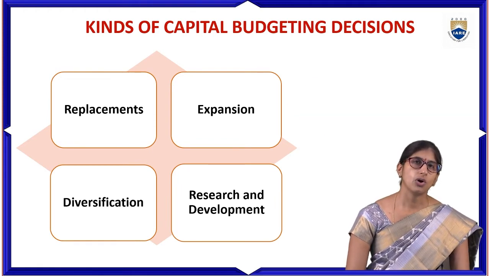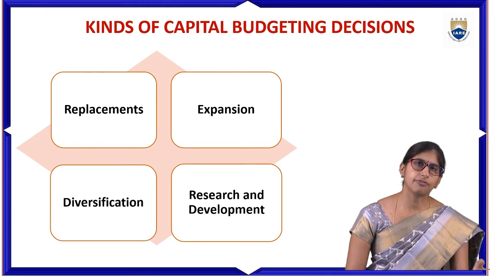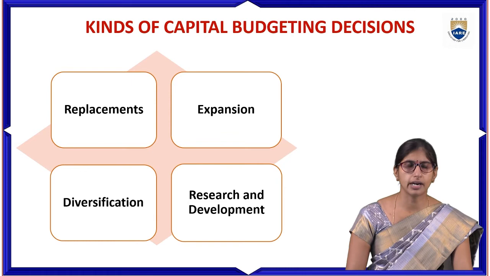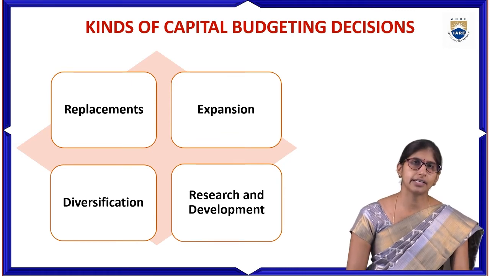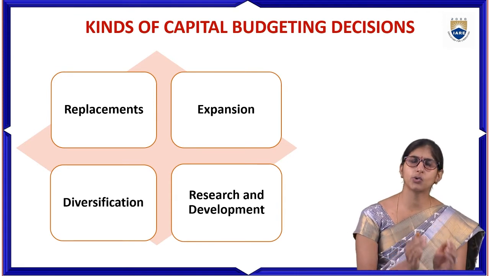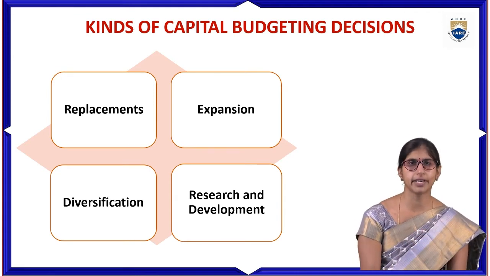And the next one is diversification. Instead of putting all the funds in only one particular project, which is working in a situation and running in a particular located market, the product limitations are to a particular market.